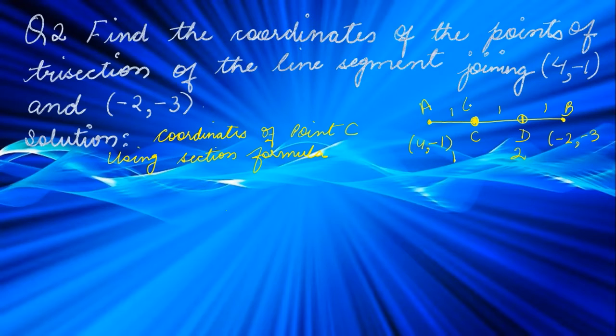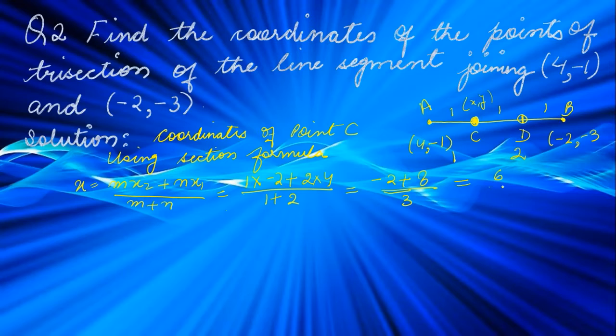That is, if this is (x, y), x is (m x2 plus n x1) upon (m plus n). Okay, so put the values. (1 into -2 plus 2 into 4) divided by (1 plus 2). So it will be (-2 plus 8) upon 3. So it is 6 upon 3, or you can say 2.